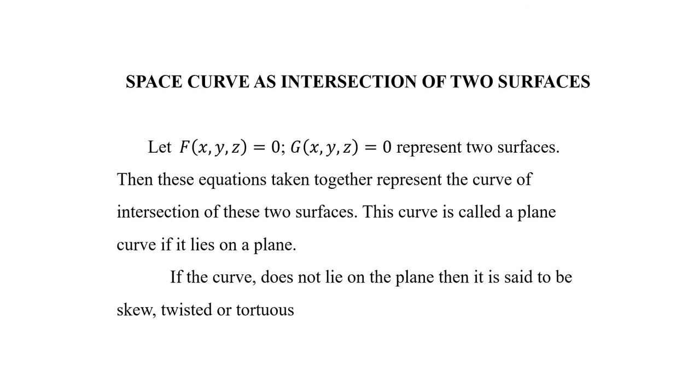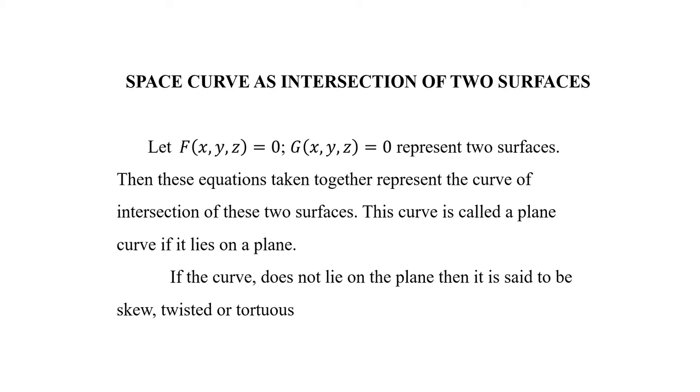So now we're going to see the space curve, and first one, space curve as an intersection of two surfaces. Here we see the definition of a plane curve. Let f(x, y, z) = 0 and g(x, y, z) = 0 represent two surfaces.